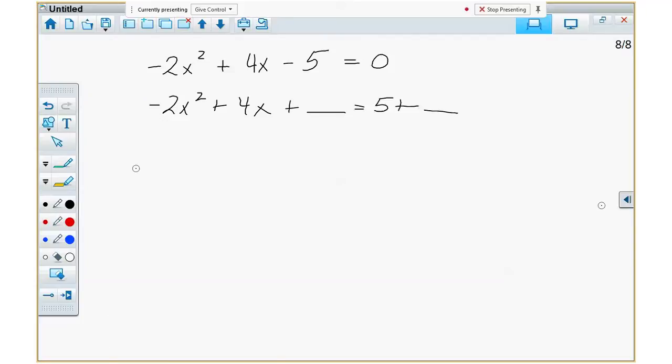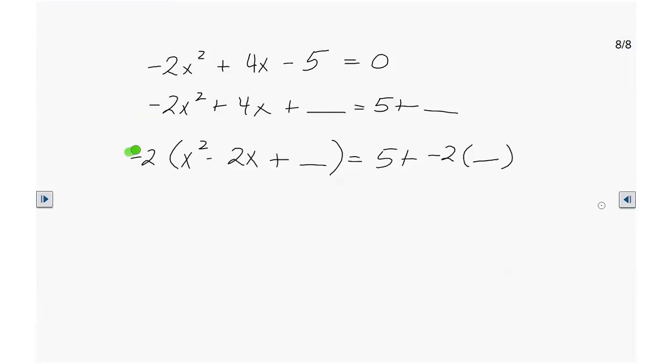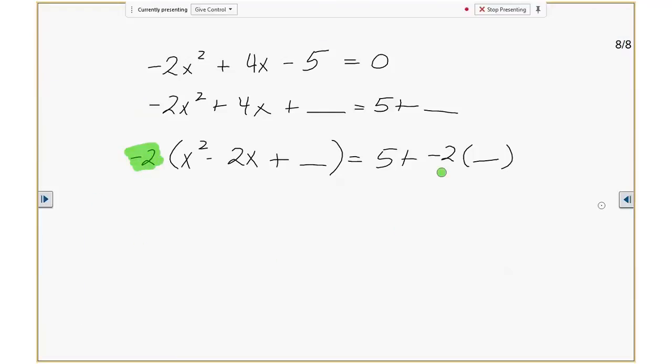Factor out the -2. And remember, whatever you factor out, you have to multiply by the right side blank.